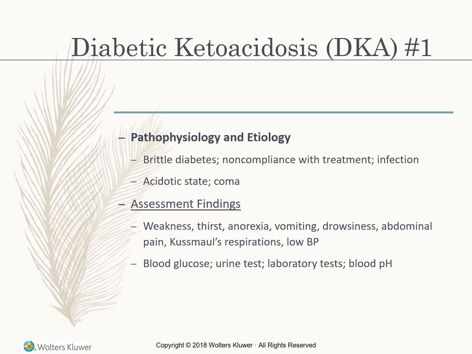Now, when we are assessing somebody with DKA, the early symptoms tend to be a little bit vague, and as time goes on, the symptoms become more definite and serious because the ketones are accumulating in their bloodstream. What we'll see is weakness, thirst, anorexia, vomiting, drowsiness, and abdominal pain.